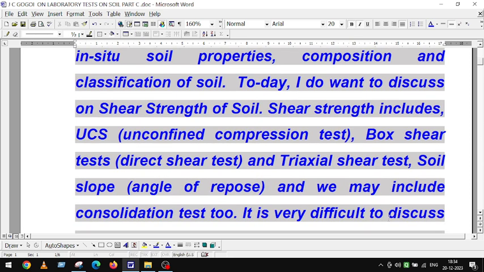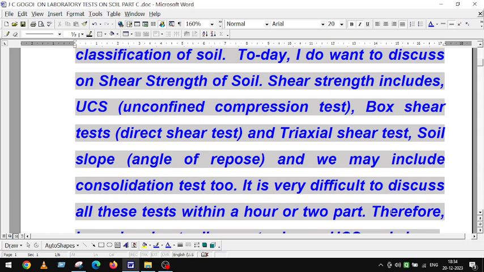Soil slope, which we call angle of repose. These are all inclusive of shear test. And we may also include in shear test our consolidation test too. It is related to shear strength.